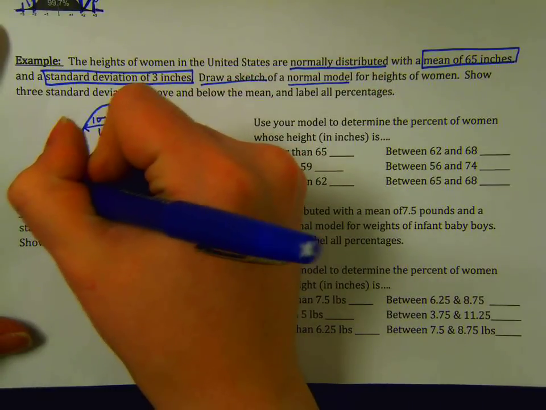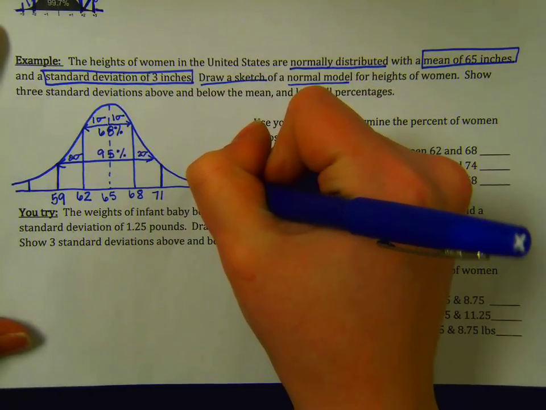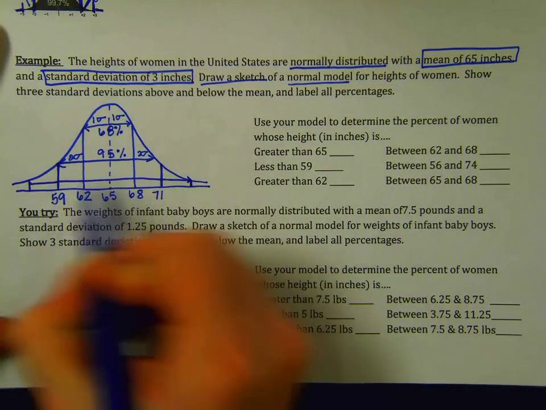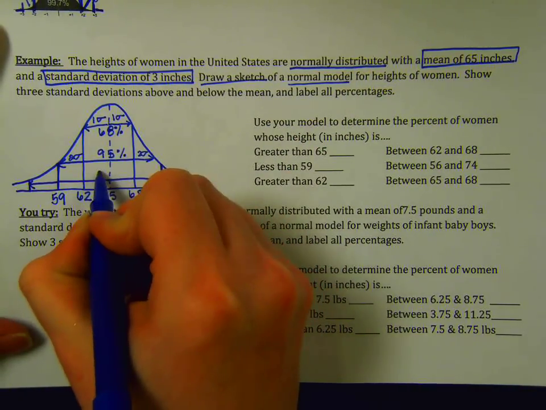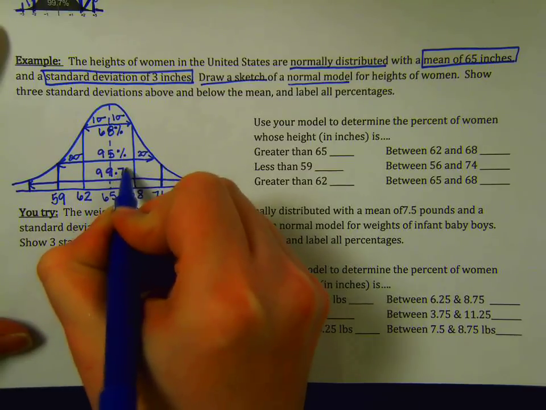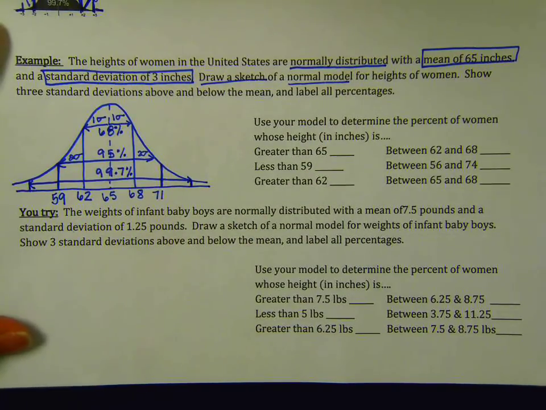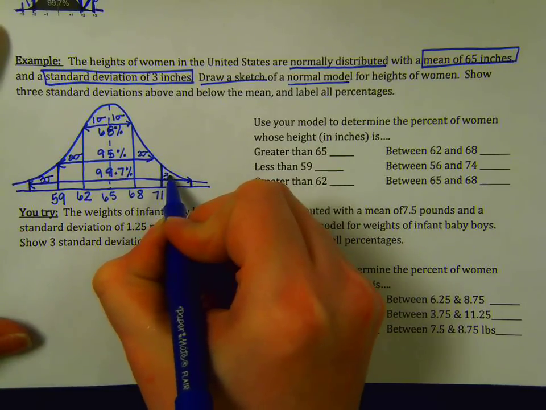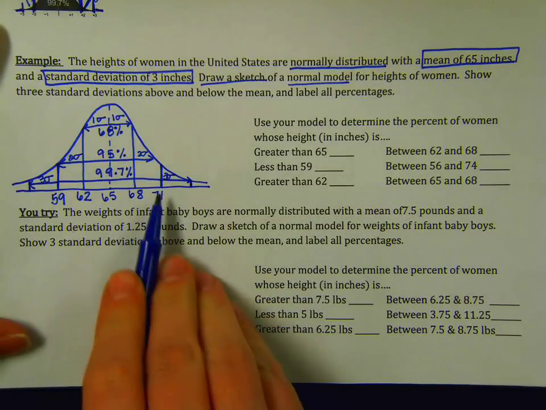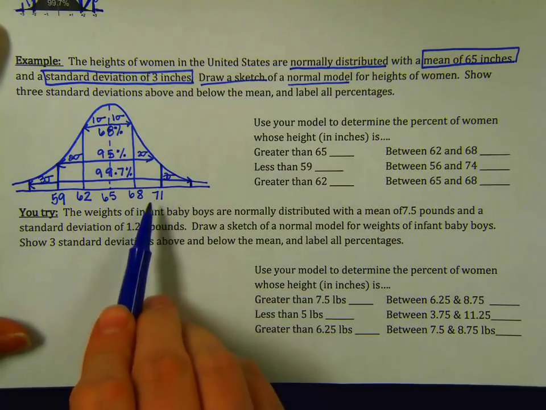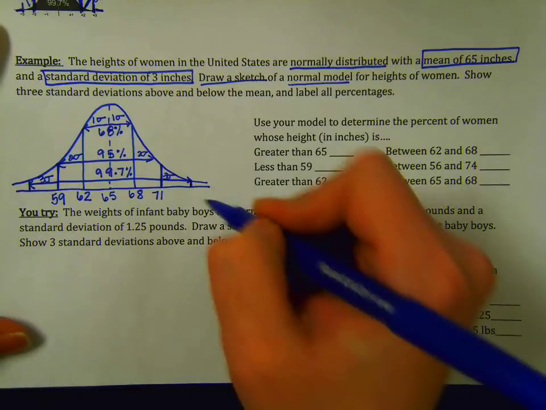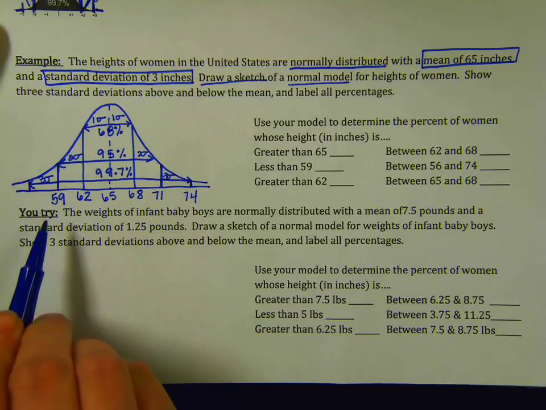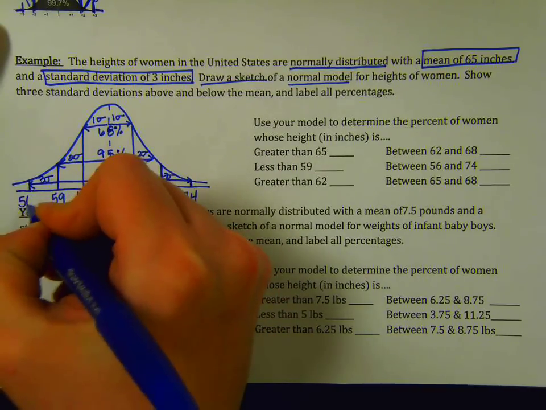Finally, we have our 3rd standard deviation. And that information is that 99.7%. Should have done different colors. But this is 3 standard deviations from the mean. Take 71, add 3 to it, you'll get 74. Take 59, subtract 3 from it, you'll get 56.